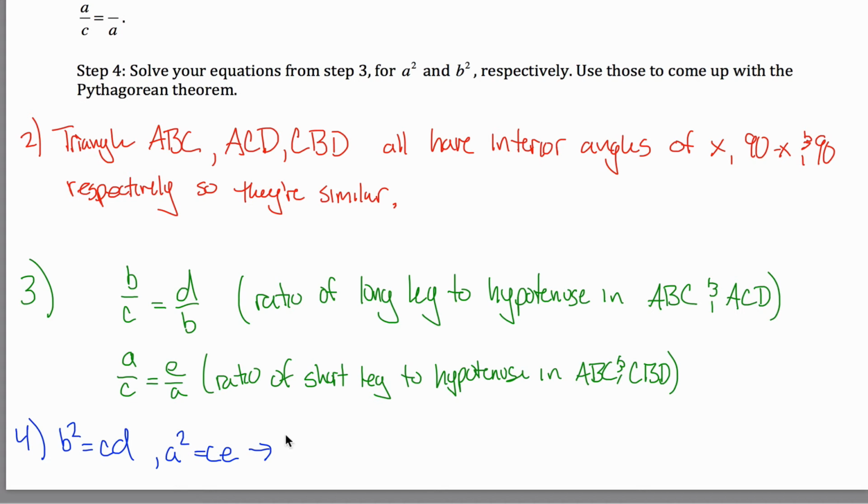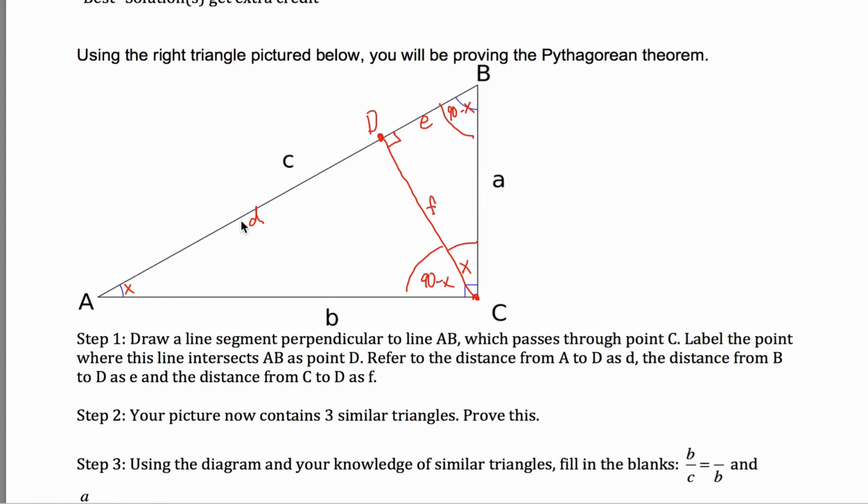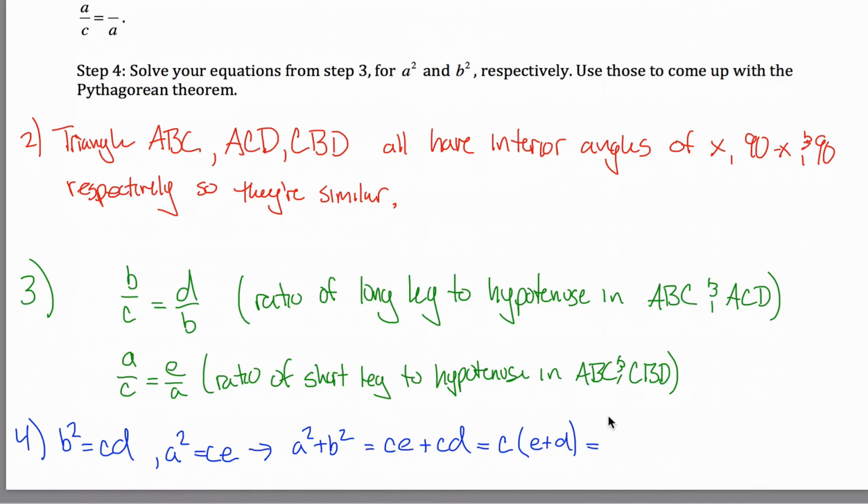So I could take this plus this and say that that's the same as this plus this, CE plus CD. I could factor a C out from and get C times E plus D. But if you look up in your picture, E plus D is exactly side length C. So I get C times C, aka C squared. So what I have is that a squared plus b squared equals c squared, which is exactly what I was trying to prove.